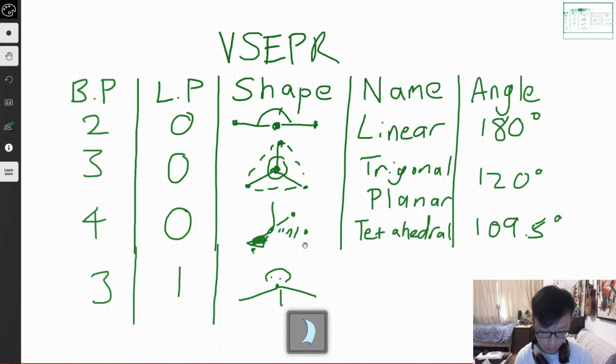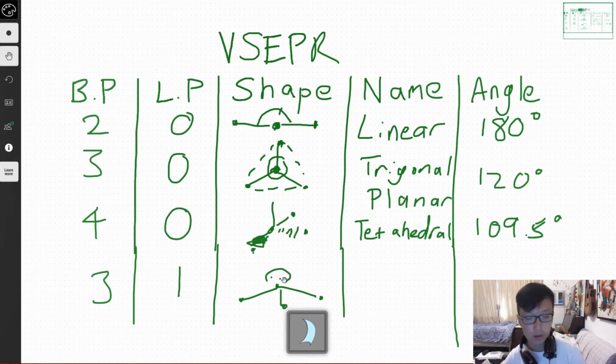I'm using the 2 dots there to represent a lone pair over here. And what happens is that since the lone pairs are more concentrated together than the bonding pairs, since the bonding pairs have to be spread out between 2 atoms, but the lone pair remains on a single atom, that means that the charge is more concentrated around the lone pair than the bonding pair.